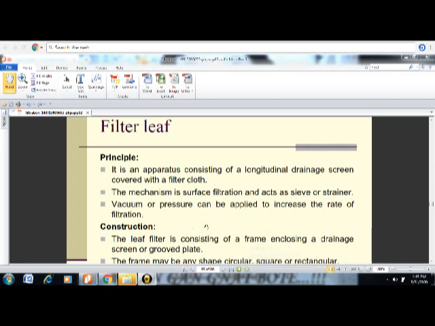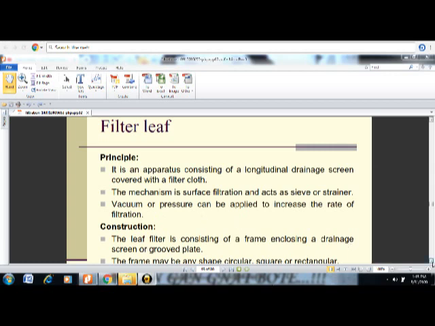So what is the principle of this filter leaf? It is an apparatus which consists of a longitudinal drainage screen covered with a filter cloth. It is a simple mechanism of surface filtration, and it acts as a sieve or a strainer. If we apply vacuum or pressure, we get a higher rate of filtration.